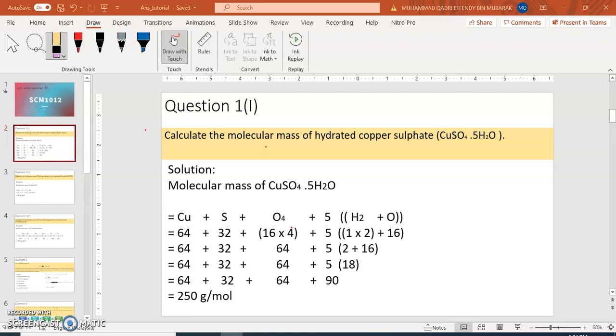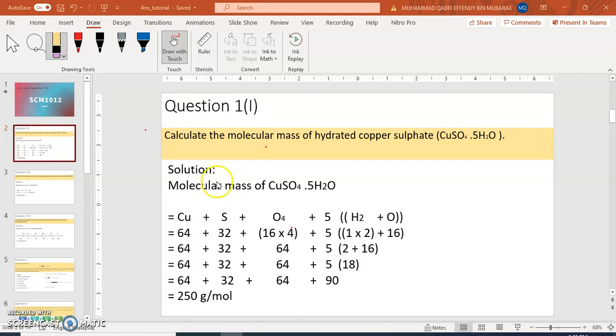For example, here the question asks us to calculate the molecular mass of hydrated copper sulfate. So we have copper, sulfur, oxygen, and 5 molecules of water. Here we need to know how to calculate the molecular mass of the species.